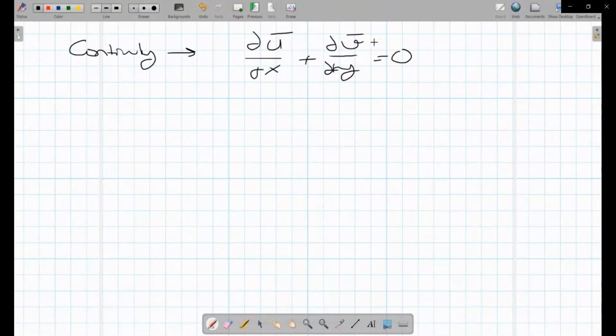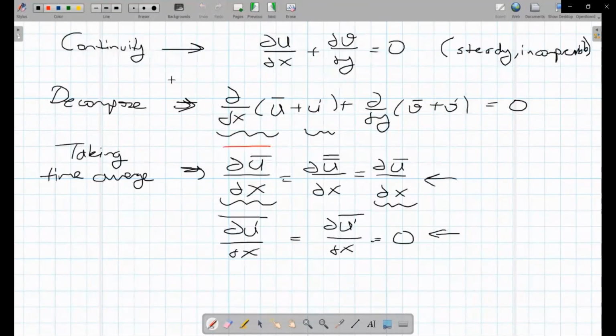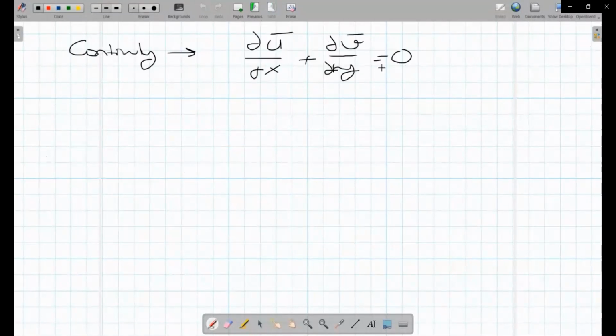I wanted to do this to demonstrate how we apply the process of obtaining governing equations for turbulent flow. To summarize again, we first start with the original equation, we apply decomposition, we apply time averaging, and then we end up with the time averaged equation, again the continuity equation.